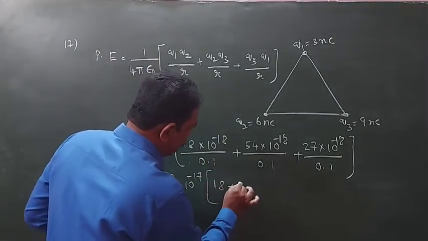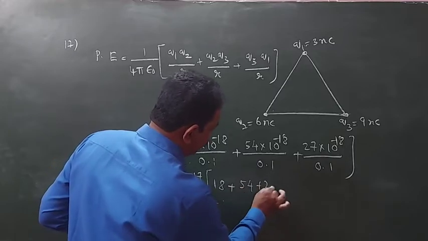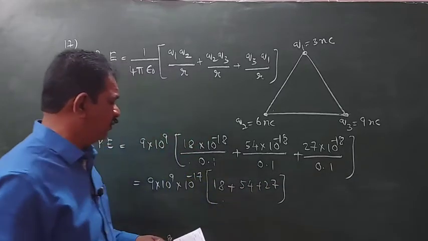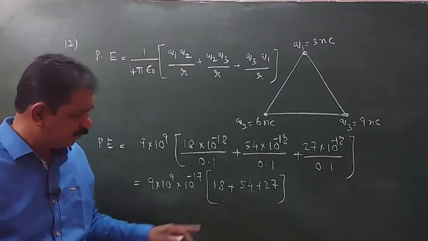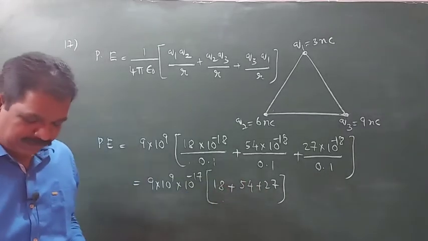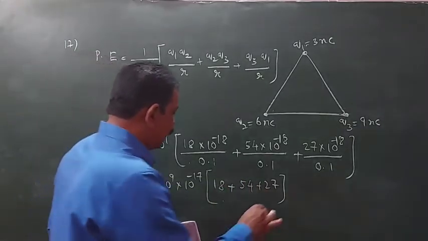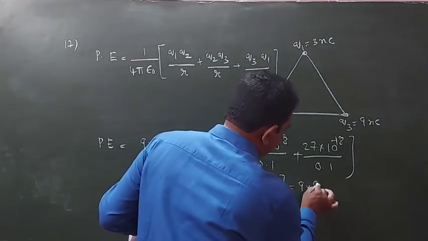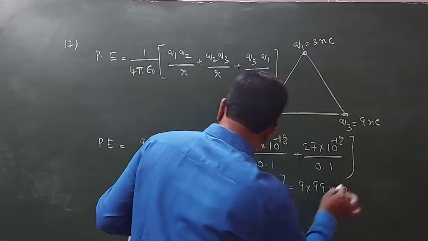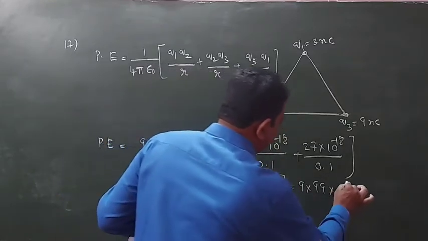18 plus 54 plus 27, the sum will be 99. Okay, so this value is 9 into 99 into 10 power minus 8.